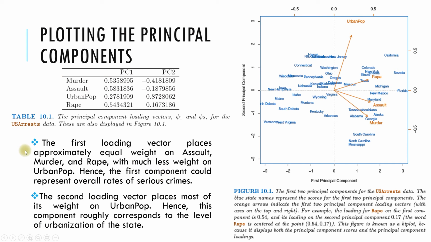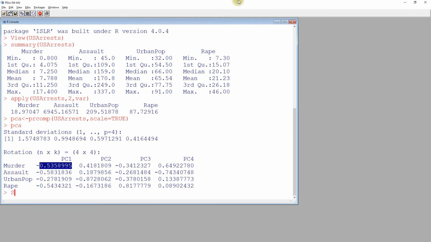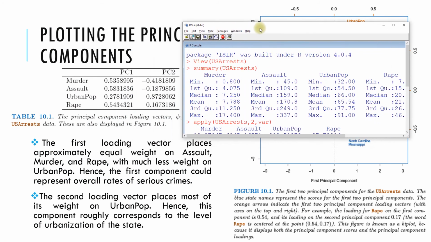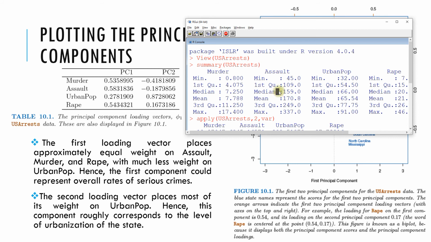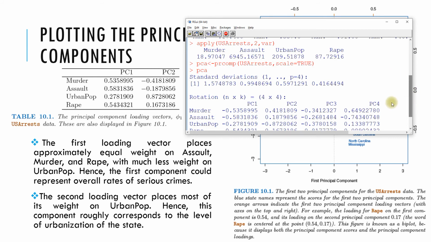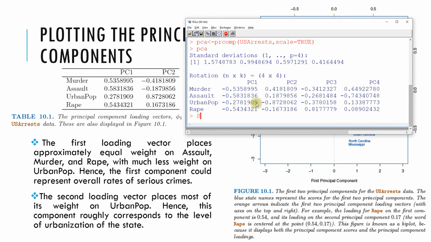So let me just get this already here. So we can have a look at what's going on. And you will see that for the first two principal components, as I said, you will have more than two, but if you are interested in the first two, these two would be negative, this one would be positive here.